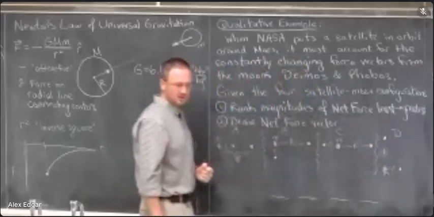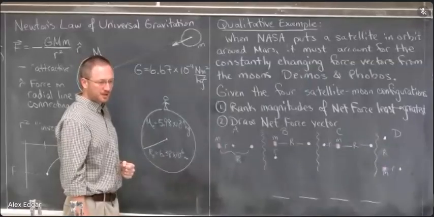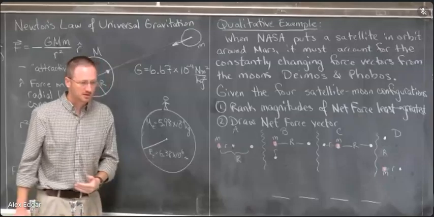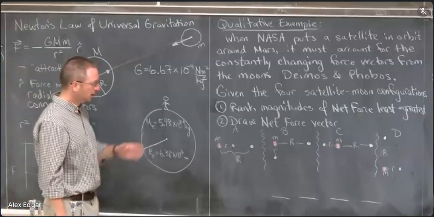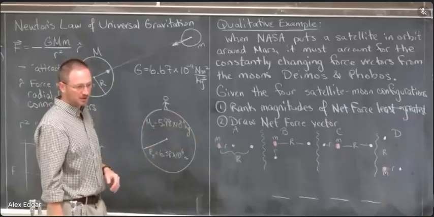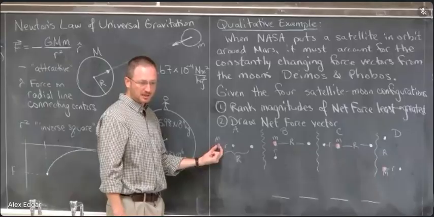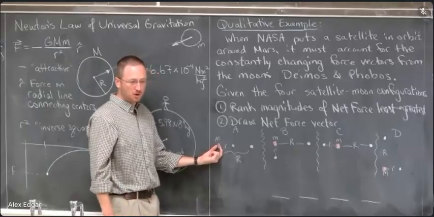So take a look at this, think about it, and rank the magnitudes of the net force from least to greatest, and draw the net force vector on the satellite. So you're going to have an arrow on the red dot pointing roughly in the direction of the overall force; this is qualitative.